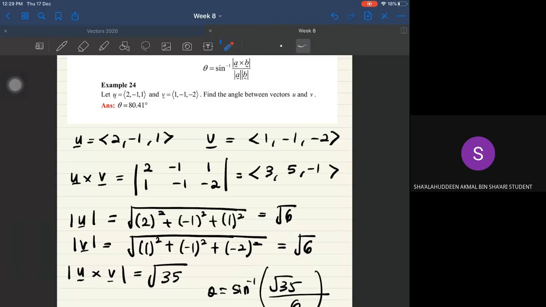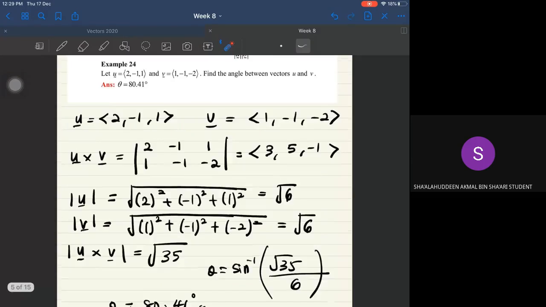Yang bawah tu 35 ke 36 Puan? 35. 3 kuasa 2, 9. 9, negatif 1 kuasa 2, 1. 9 campur 1, 10. 5 kuasa 2, 25. 25 campur 10, 35.